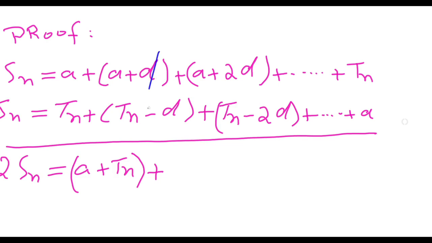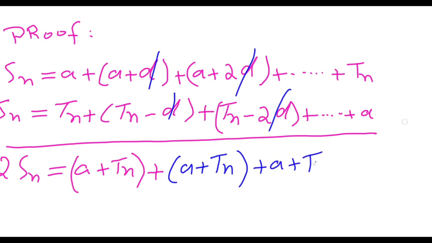This d and this d cancel, positive and negative, only left with a plus Tn. Again here, this 2d negative and positive cancel, only left with a plus Tn, plus so on, only the last you can see you add both, a plus Tn.